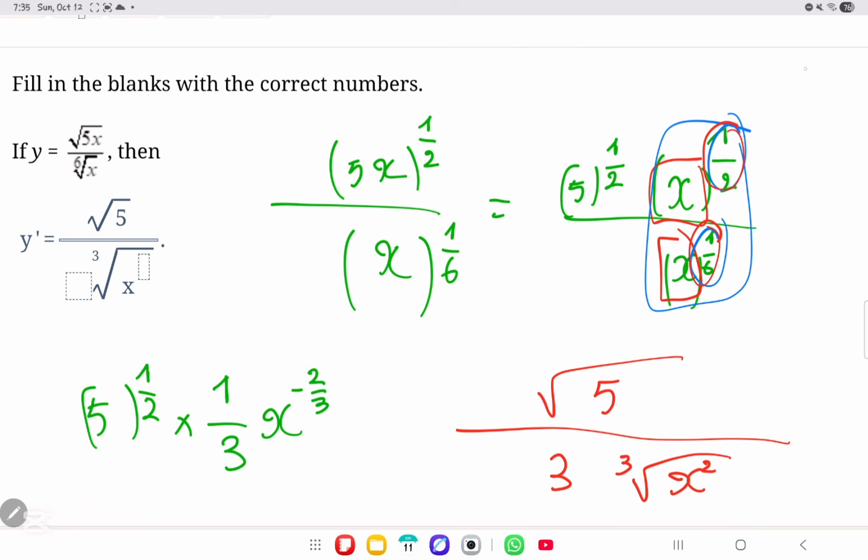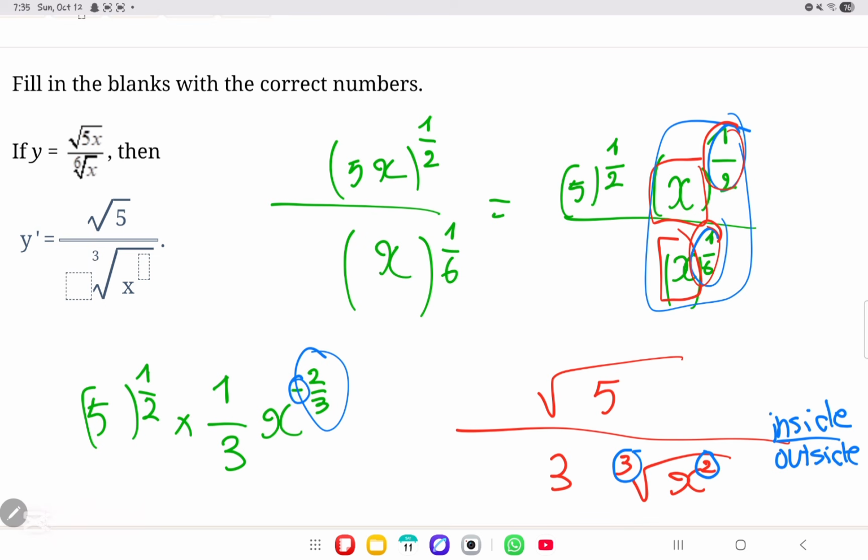Now you're like, Amanda, how do you know where to put the 3 and where to put the 2 when it comes to the radical? Always, when your exponent is a fraction, remember that it was once a type of radical. It was a type of root. And how do you get the exponent from the root? It's always inside over outside.